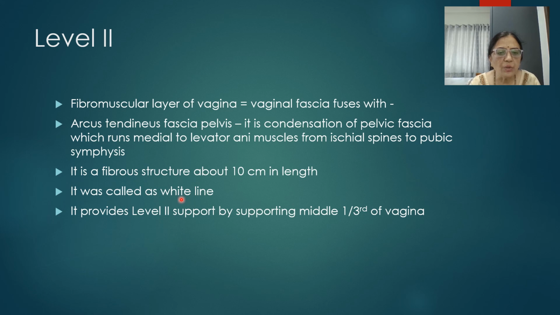It was previously also called the white line, and it provides level 2 support: the fibromuscular connective tissue of the anterior and posterior vaginal wall at the middle one third of the vagina is getting attached with this arcus tendineus fascia pelvis, and that is how it supports the middle one third of the vagina.